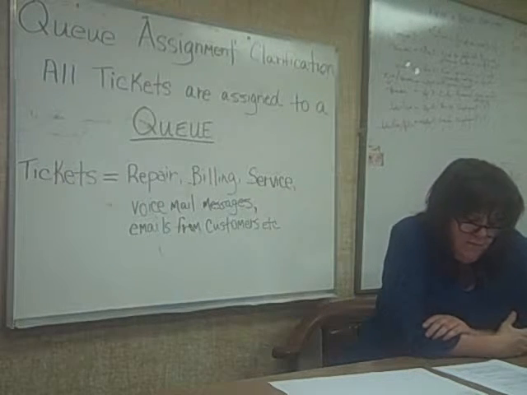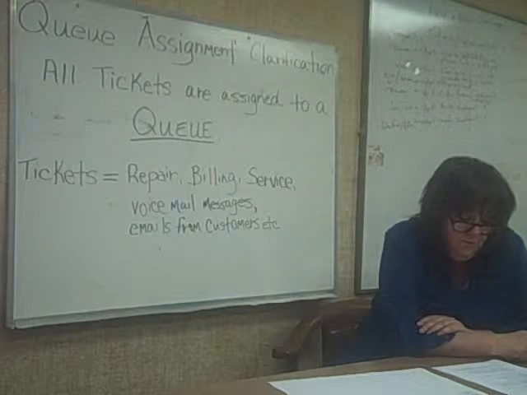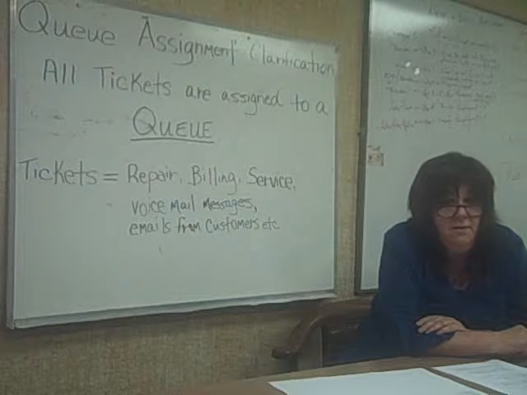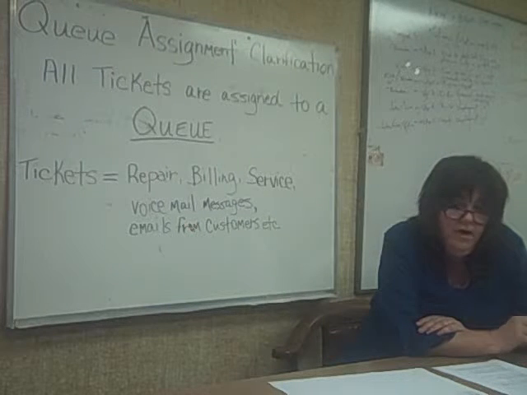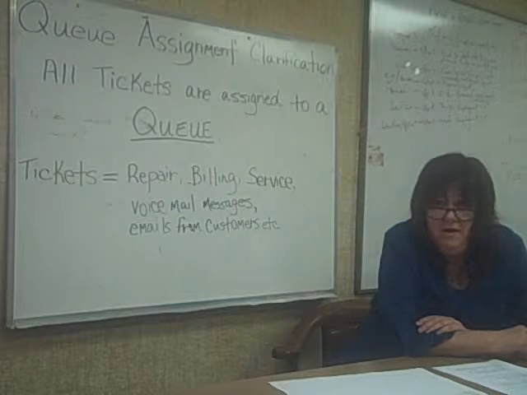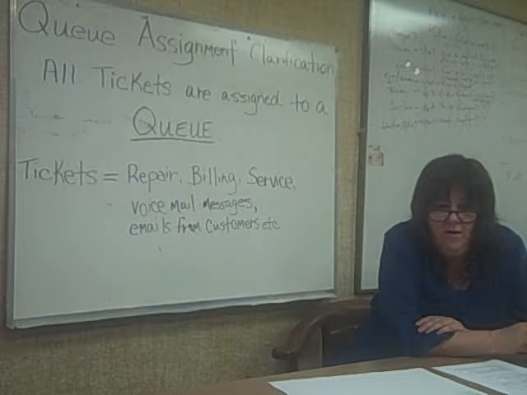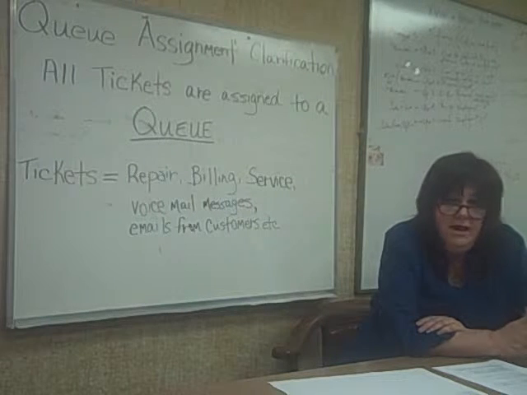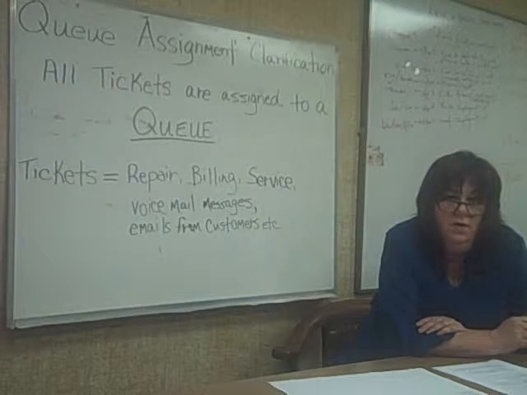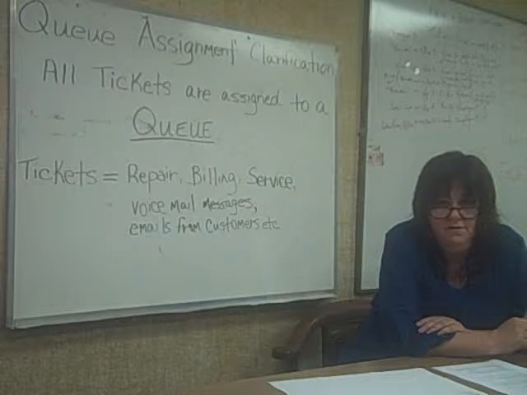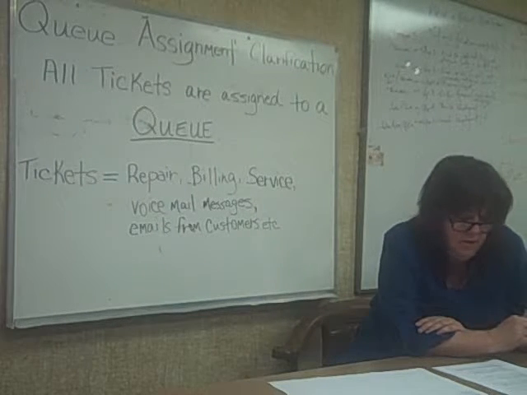If you are assigned responsibility of a queue, the tickets that are placed in that queue are not to be moved. The only exception would be if the ticket was placed in there in error. An incoming voicemail accidentally went into the wrong queue, or an email went into the wrong queue, and then you have the permission to move it to the appropriate queue.